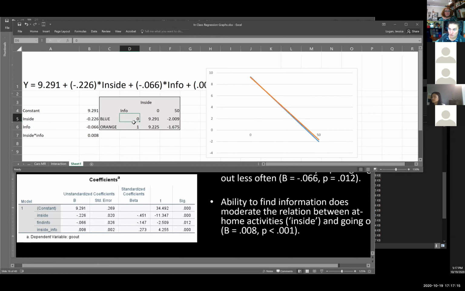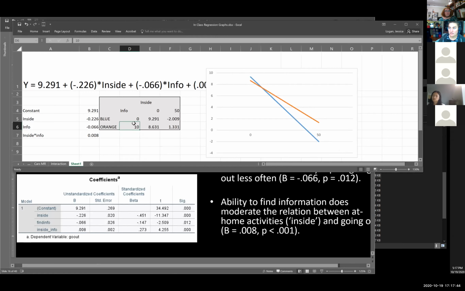If my info is 0 or my info is 1, the slopes relating inside with going out are very similar. But as I move this up to 10, see my blue slope stayed the same, because that's still 0 for info. That's still saying when info is 0, the relationship between inside and going out is this steep.